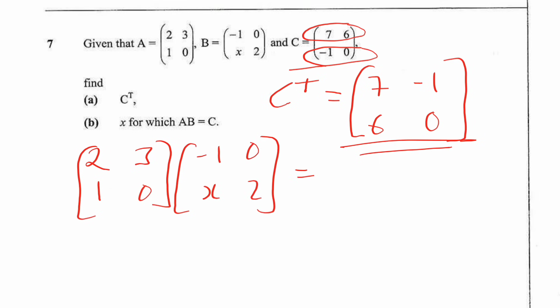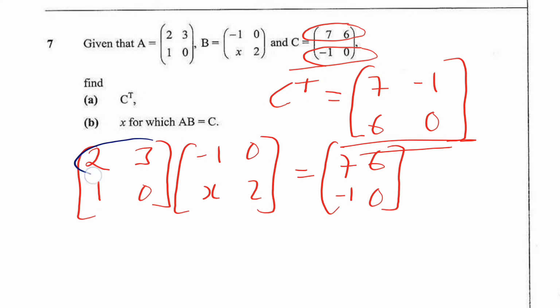This should be equal to 7, 6, -1, 0. And we are going to do exactly that. We're going to multiply.